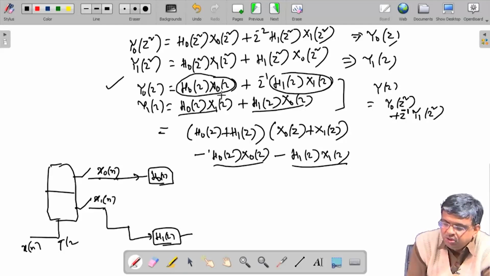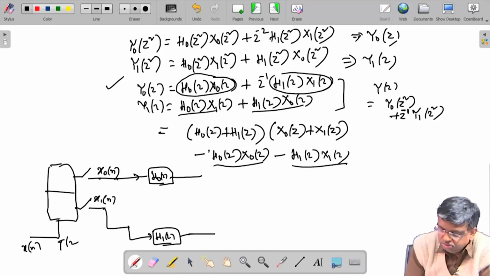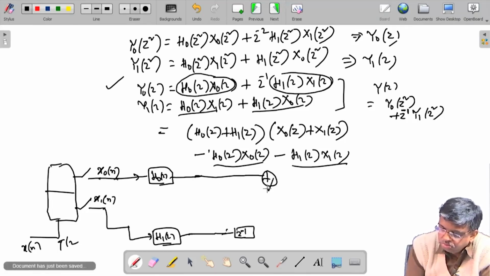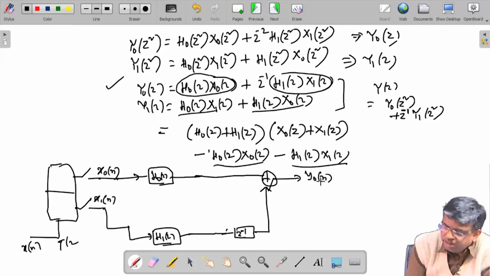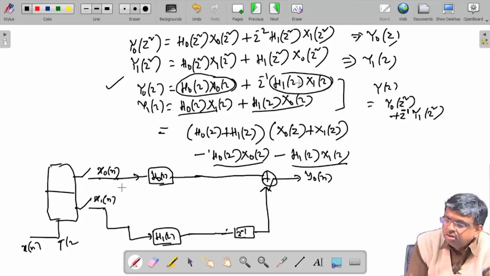As before y 0 z, no change. This is y 0 n, simple: z inverse x 1 h 1 x 1 h 1 and h 0 x 0 h 0 x 0, that is y 0 n.